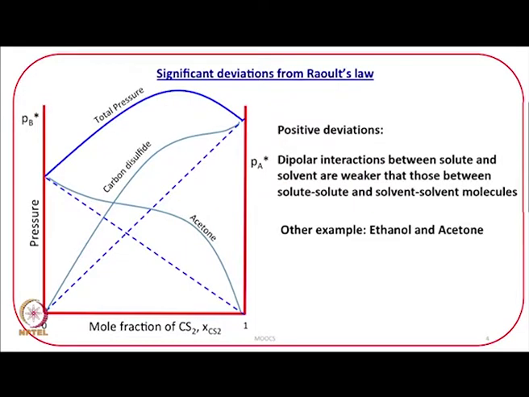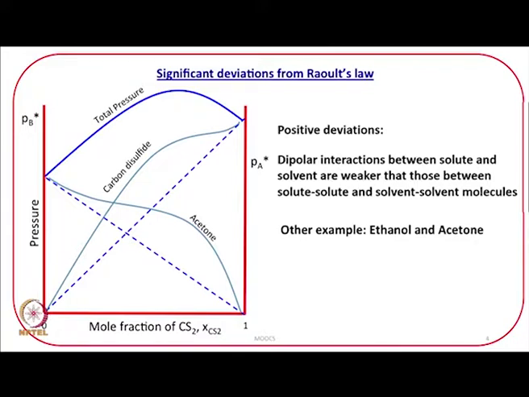One observation, let us take a look at the previous figure, that this dotted blue line is Raoult's law, and this Raoult's law is obeyed when the mole fraction of that component approaches 1.